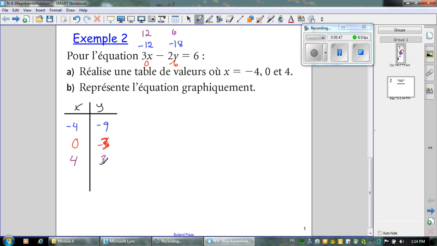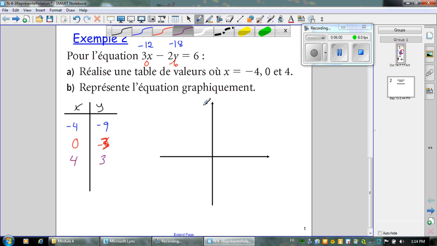Now that we have our table, we need to represent this graphically. So if I do just a rough graph, here's my y-axis, x-axis. So let's just label that as such, y, x. And let's say 1, 2, 3, 4, and negative 1, negative 2, negative 3, negative 4 for our x-axis.